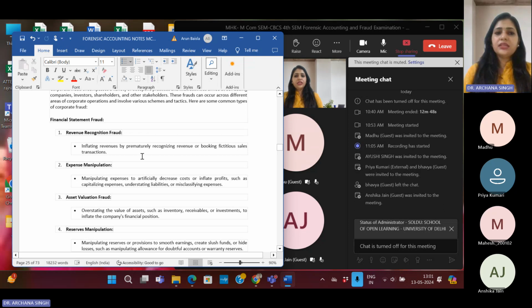Revenue recognition fraud means inflating the revenues by prematurely recognizing revenue or booking fictitious sales transactions, meaning showing higher values of revenues, inflating them. Then second is expense manipulation, meaning you artificially decrease the costs or inflate the profits. So you are manipulating the expenses artificially, and you are showing more expenses that are actually not occurring.